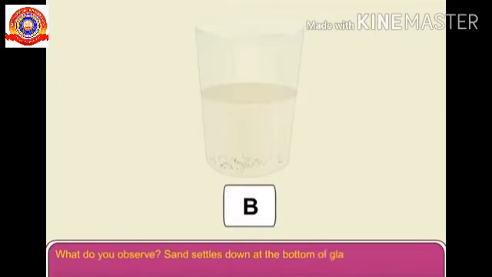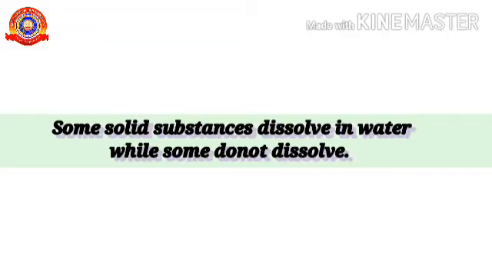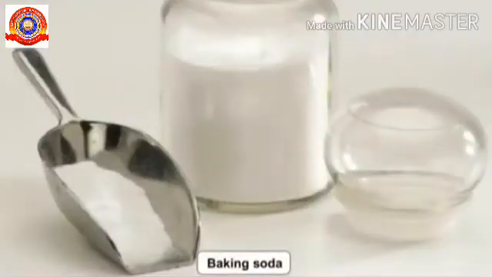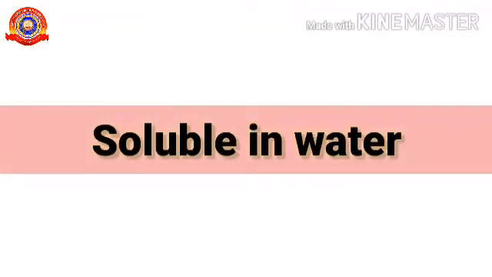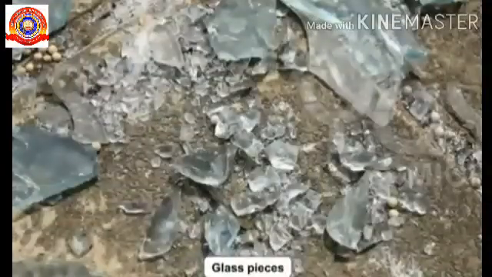Sand settles down at the bottom of glass B. Salt gets dissolved in glass A. This shows that some solid substances dissolve in water while some do not dissolve. Solids like sugar, baking soda, washing soda, etc. are soluble in water, while solids like chalk powder, wood powder, iron pieces, glass pieces do not dissolve in water.